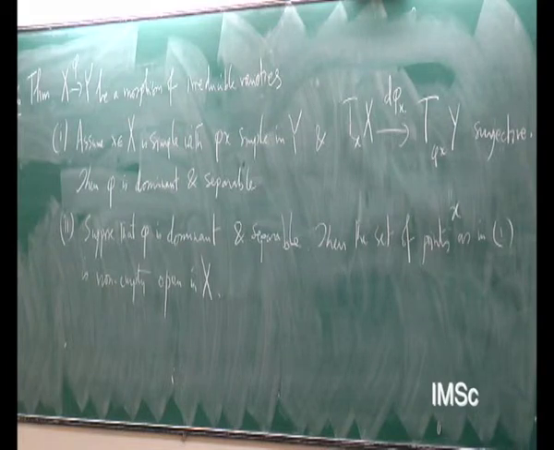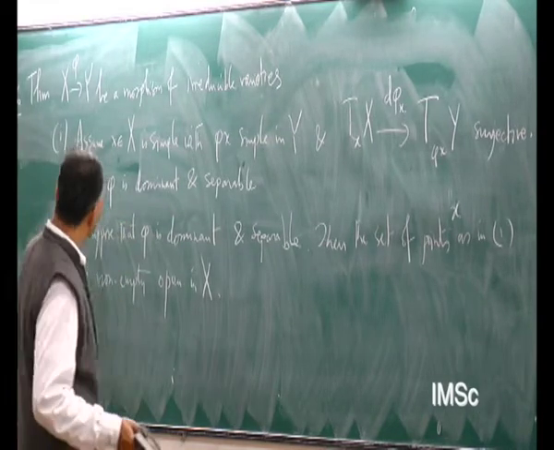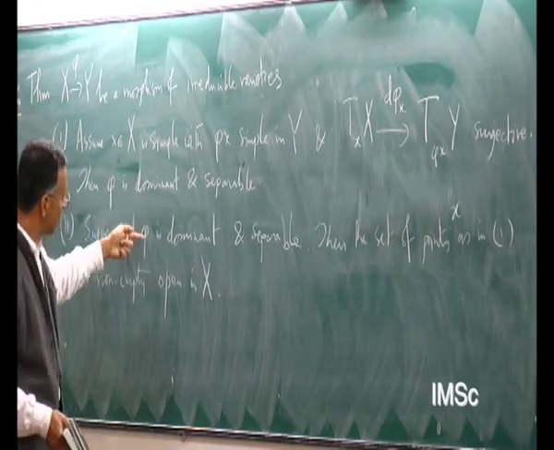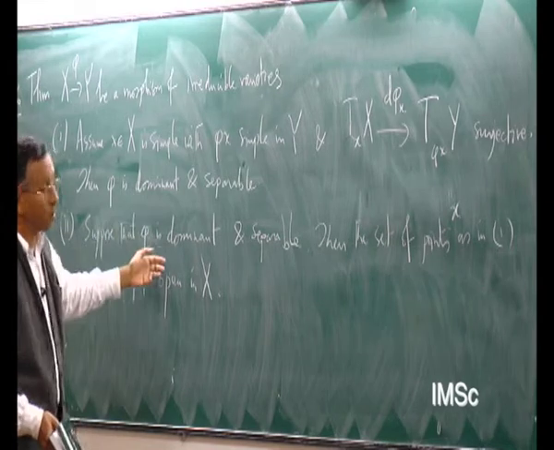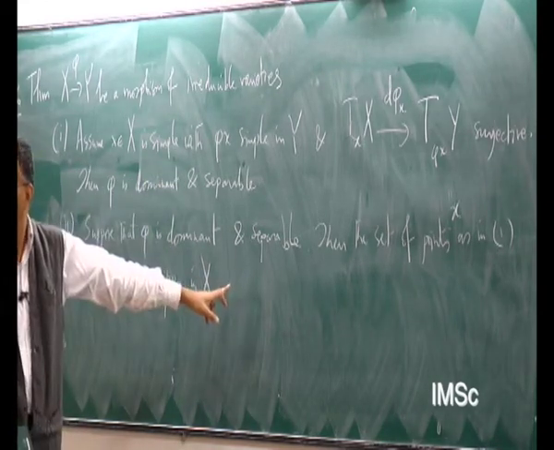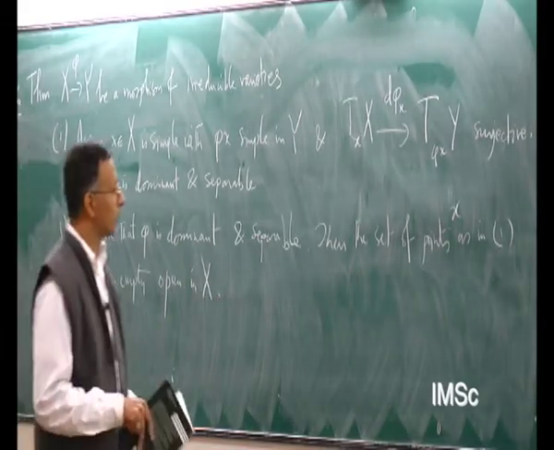That's what we are saying, right? Because phi is dominant and separable, you can feed this conclusion into this hypothesis and conclude that if this happens, then it happens on an open set.